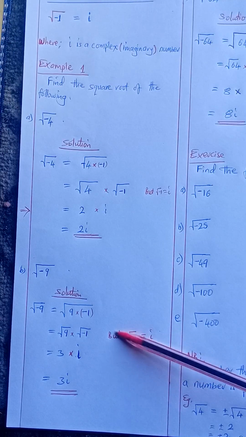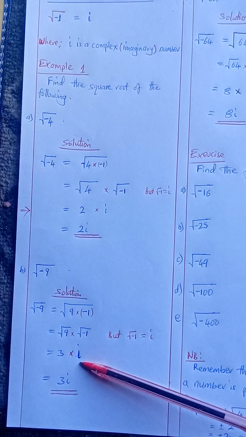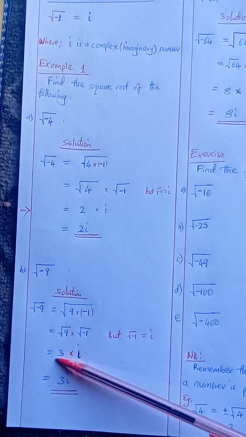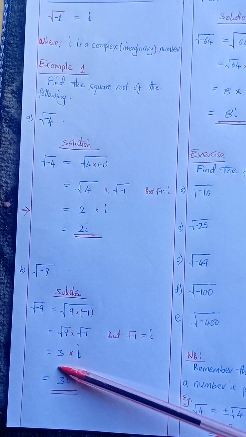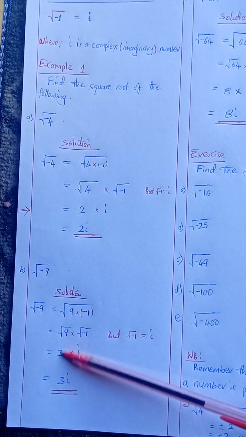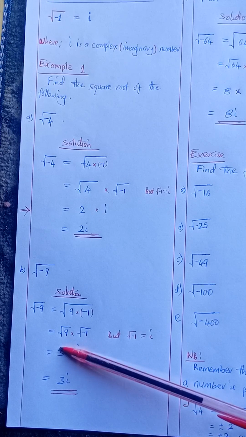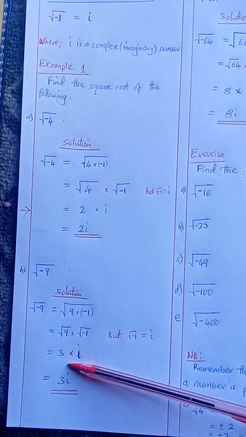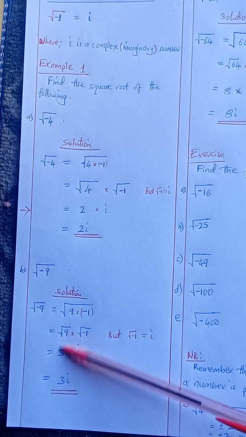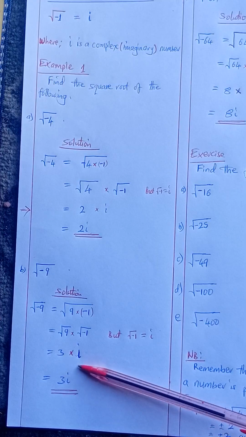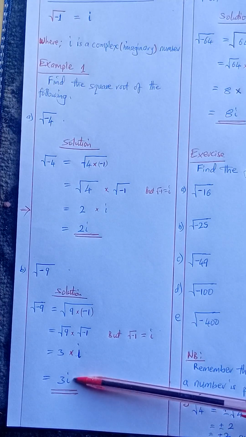So we are going to write i in the next step. And the square root of 9 here, we are going to write 3 because the square root of 9 is 3. You can press it on a calculator, or you can use any other method, like a method used in primary school, which is the very simple one. So the square root of 9 is 3, the square root of negative 1 is i. So 3 times i, we get 3i.